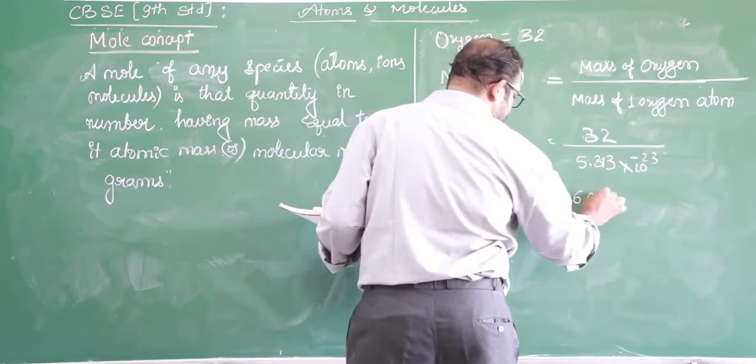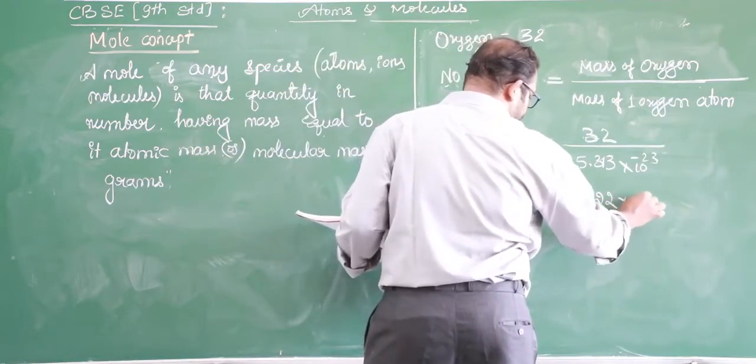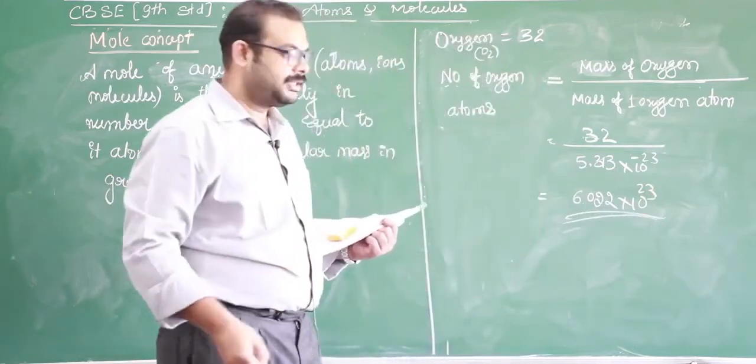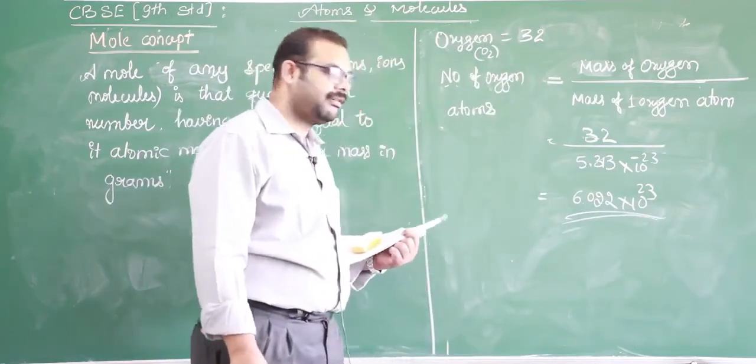If you solve, again we obtain the same value, 6.022 into 10 to the power of 23.